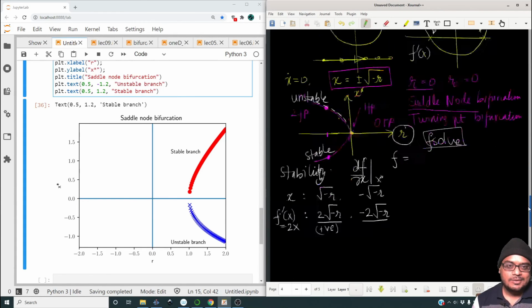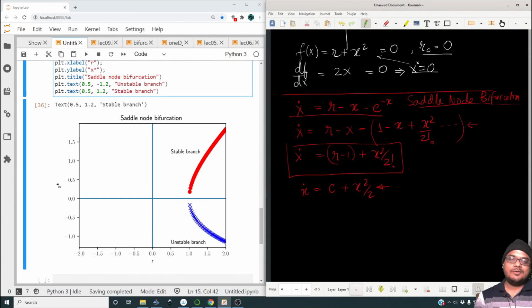All right. So that is why studying such prototypical problems is quite important, and such a reduction of a problem in the vicinity of the bifurcation point is called a normal form.